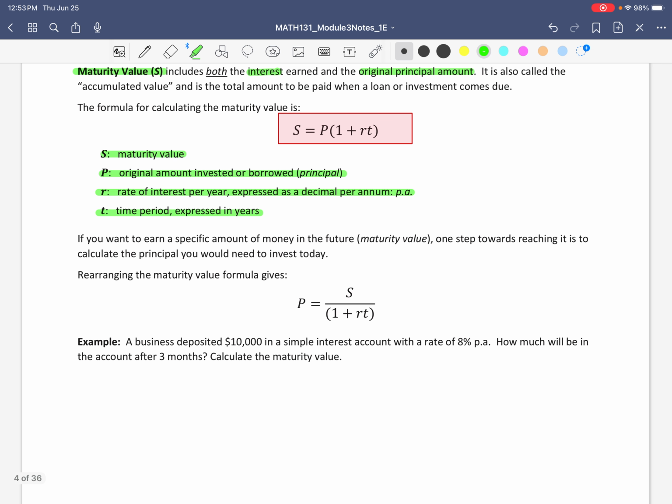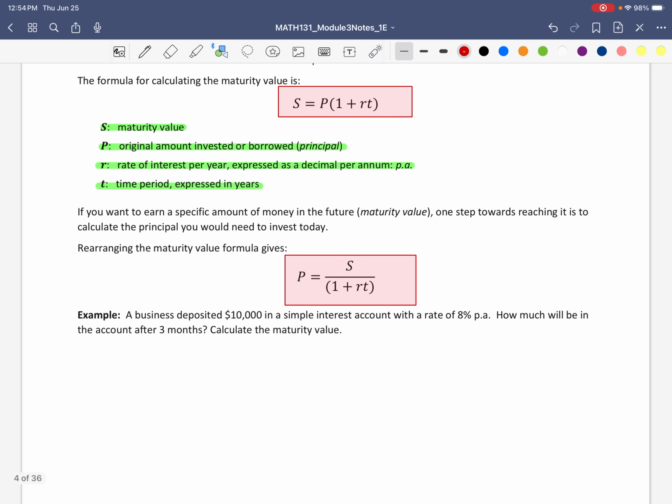So by simply rearranging the above formula for maturity value, we can solve for our principal so that we know how much principal we need in order to get some maturity value in the future. So we have two formulas for maturity value. They are just rearranged from each other.